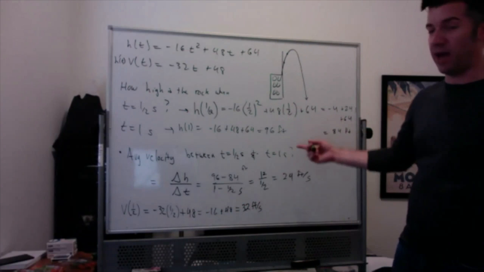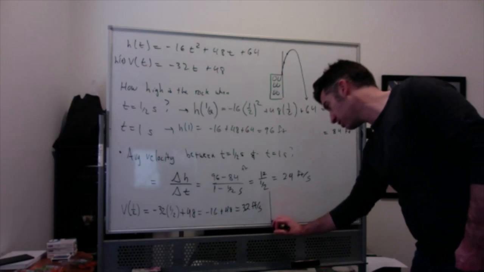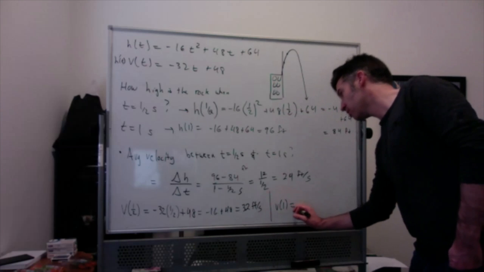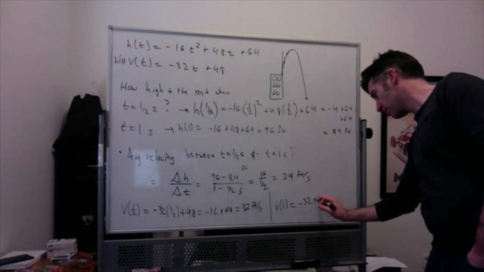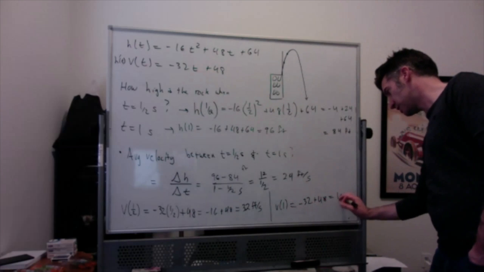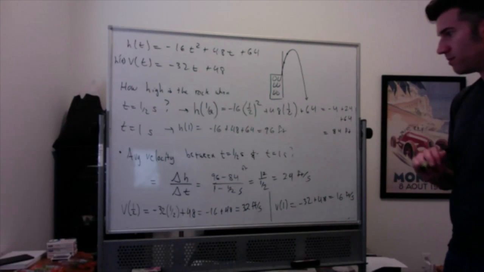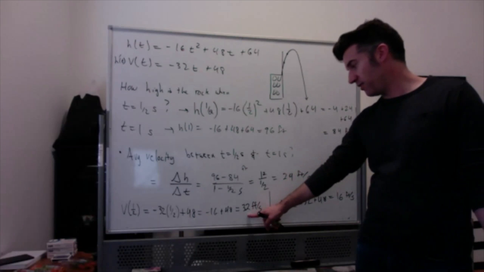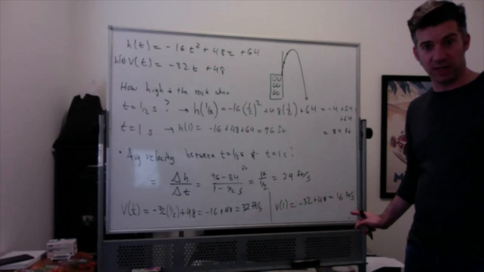So at half a second, we're traveling at 32 feet per second. And similarly, if we plug in 1, we get negative 32 plus 48, which is equal to 16 feet per second. At 1 second, we've definitely slowed down to 16 feet per second.